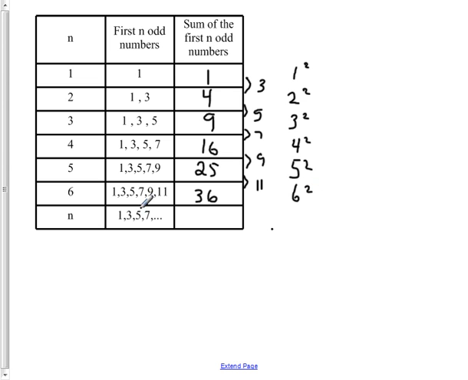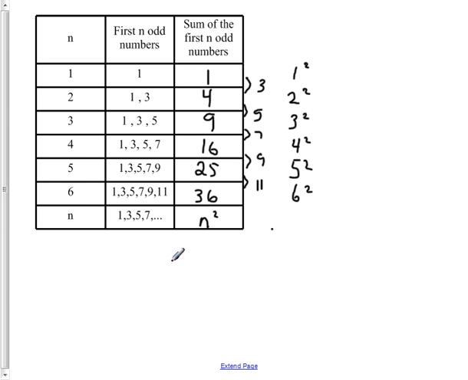And so each of these numbers over here, the n, however many terms there are, if we square that, that'll give us the sum of those numbers. So if it's n numbers, we square that. So what goes in this box? It's n squared.